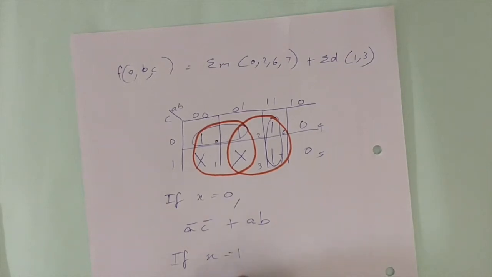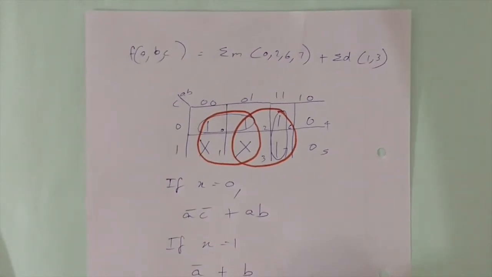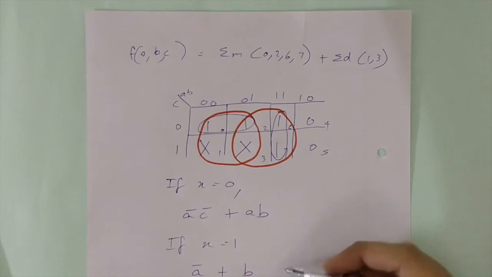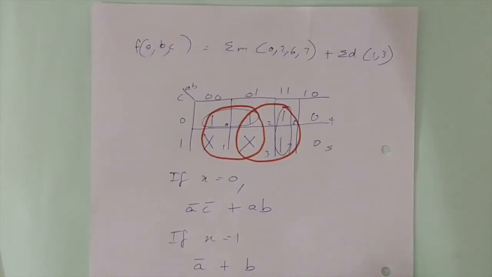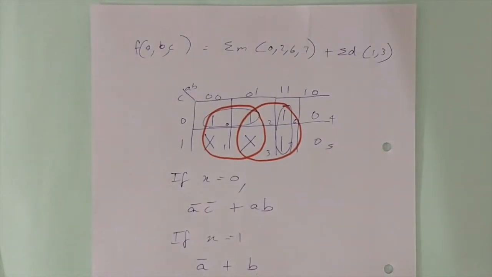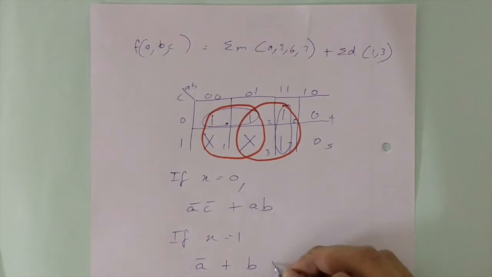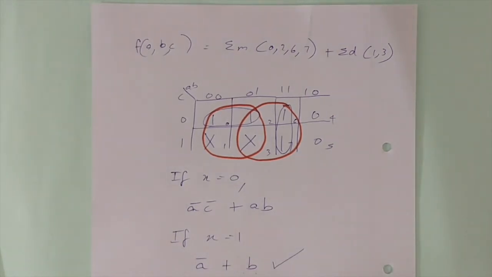And with this we'll end up with A bar plus B. Now we can clearly see that the second condition is more concise and easier than the first condition. This is an example of using the K-map to simplify an equation and come up with a better answer. So we'll go with this answer.